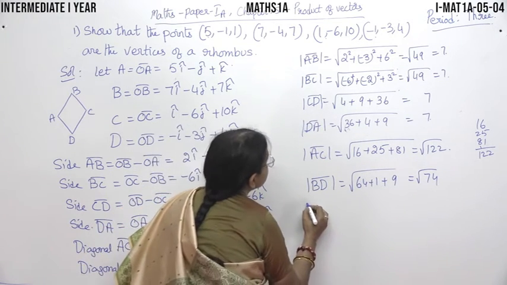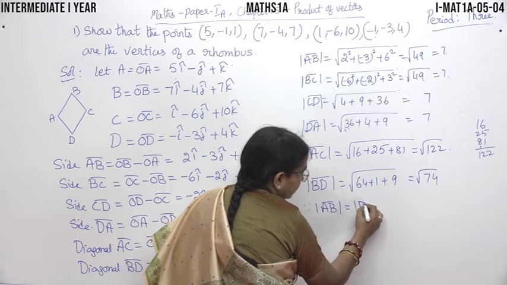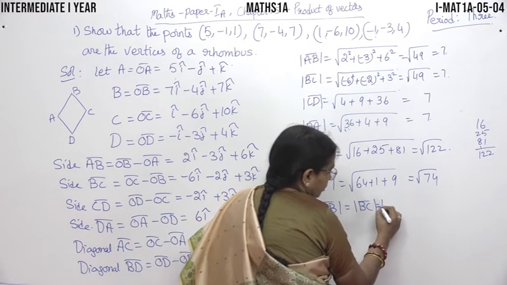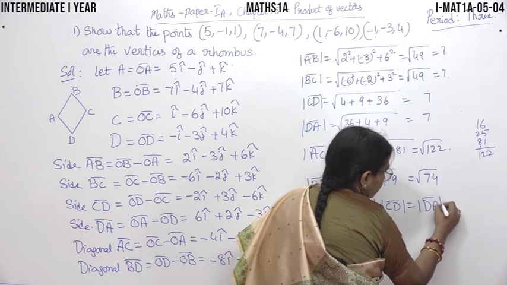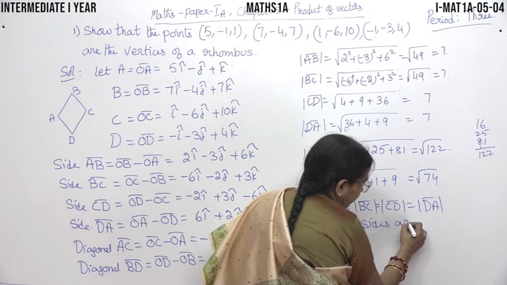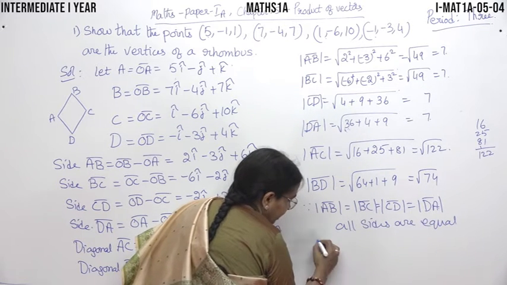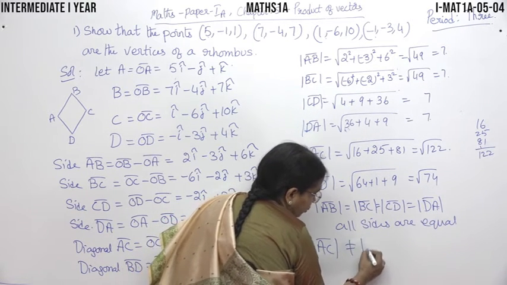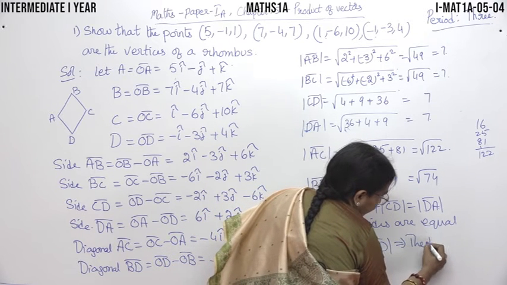So you will say, since mod AB is equal to mod BC is equal to mod CD is equal to mod DA, all sides are equal. And mod AC is not equal to mod BD, that means the diagonals are not equal.